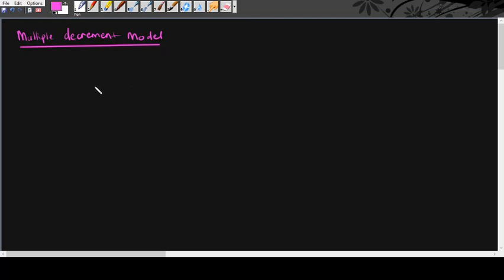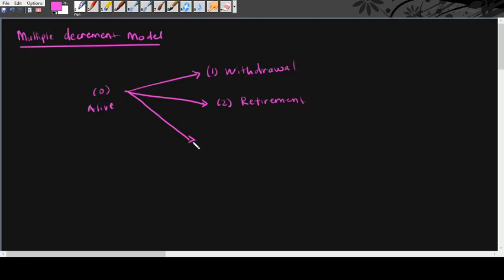For example, you are starting with state 0, which is alive, and then from state 0 can go to state 1, which is withdrawal, and goes to state 2, which is retirement, and then can go to state 3, which is death.